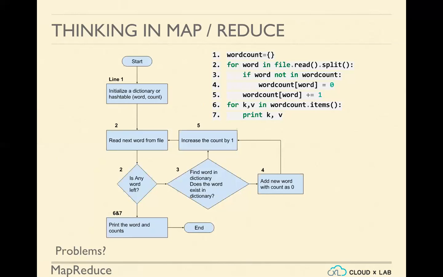Again, for those who are familiar with Python code, this is how I'm going to do it. Create a dictionary; for each file, for each word in the file, I split each line and iterate over it. If the word is not in the word count, if it is not existing in the table, I add it with a 0 count and increase its count, and so on.